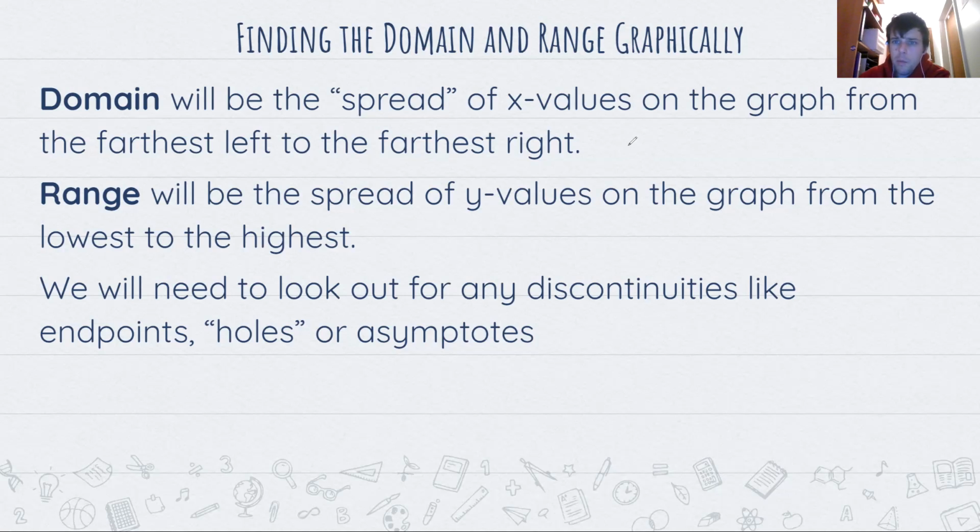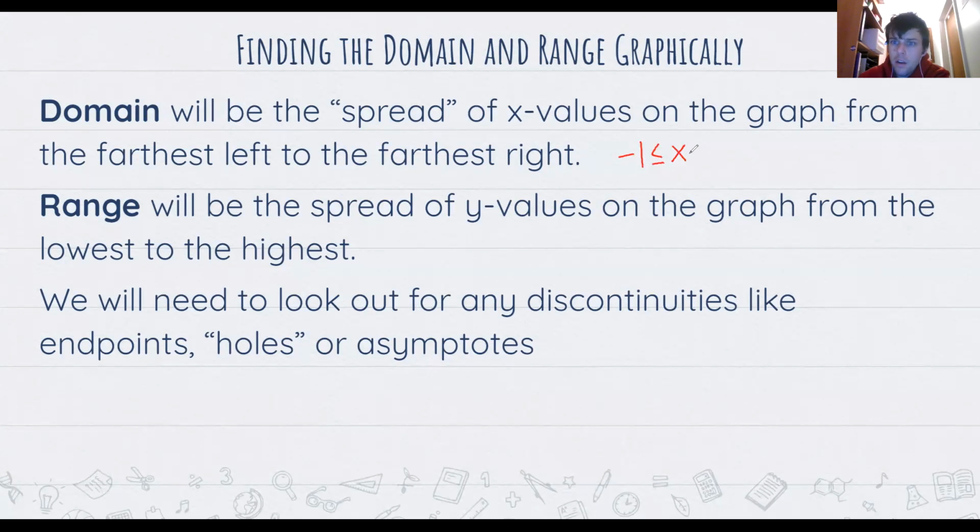So we may have something like this in set notation. Just making something up, saying that the x values go from -1, including -1, all the way up to 5, or we may get something like this, right? Interval notation for the same thing.